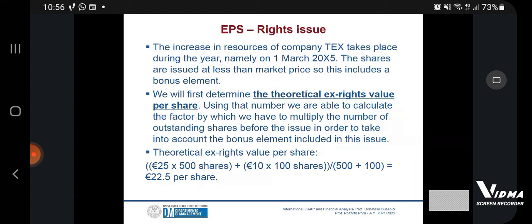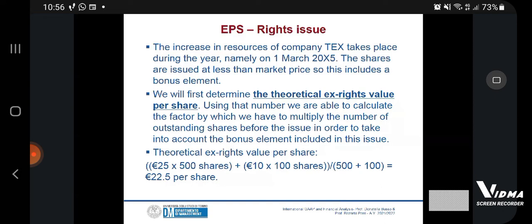This is a theoretical price. This is an assumed price that would be fair to be applied to each of the shares of the company after we issue the rights, the 100 new shares. Again, a theoretical assumed price, logically calculated as the ratio between total value of shares and total number of shares.